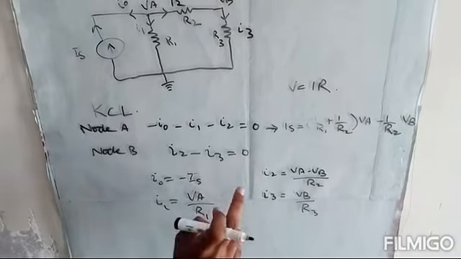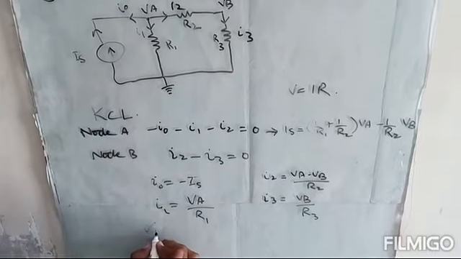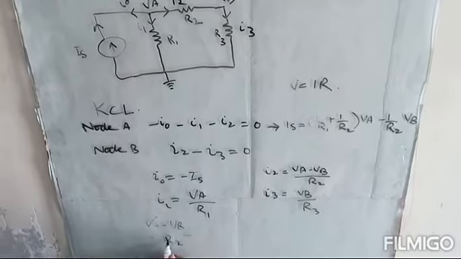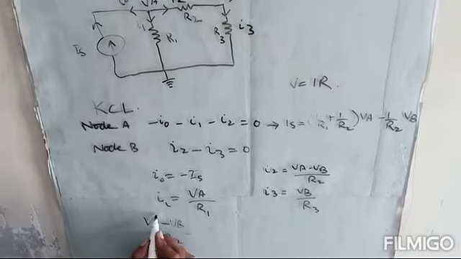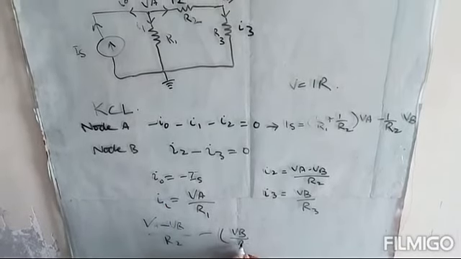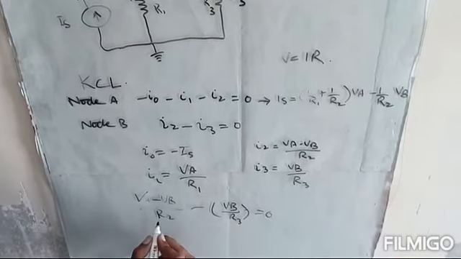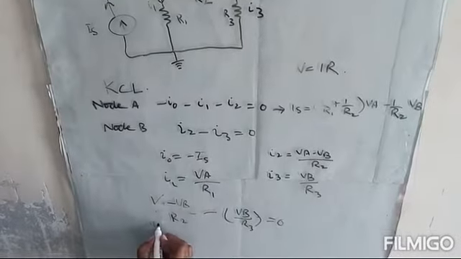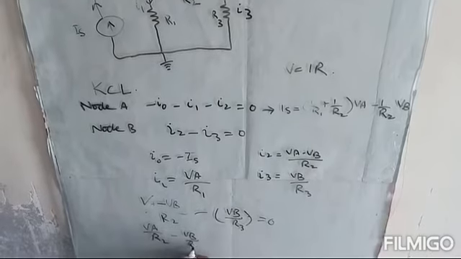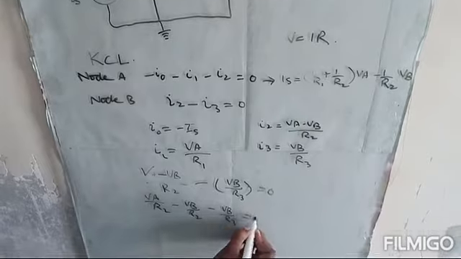Putting the values of I2 and I3 in this equation, I2 is equal to VA minus VB divided by R2, minus I3, which is VB divided by R3, and this is equal to 0. So separating the denominators, VA over R2 minus VB over R2 minus VB over R3 is equal to 0.